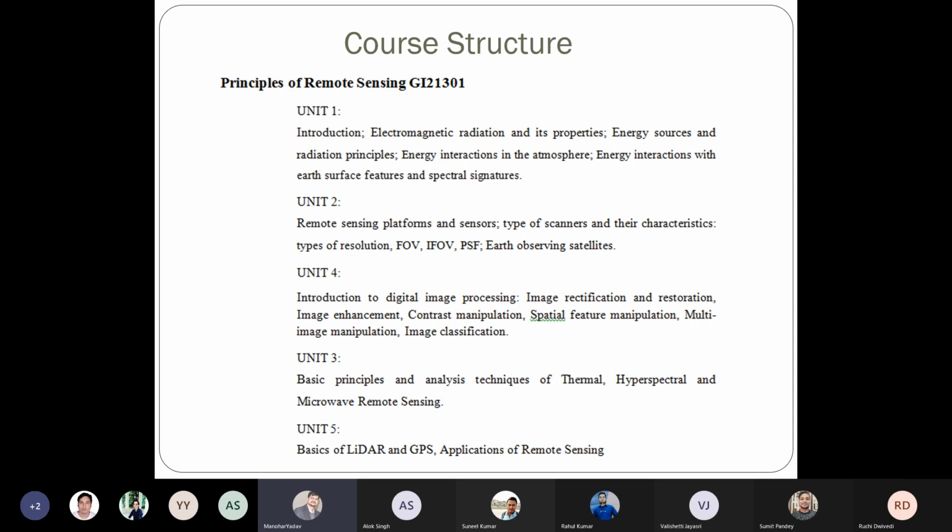Then in unit third, there will be discussion on thermal, hyperspectral, and microwave remote sensing techniques. In unit 4, we will discuss the processing of the images, specifically the images which are acquired by these remote sensing tools. Okay. And then in the last unit, we will discuss one of the advanced remote sensing techniques, that is LiDAR.